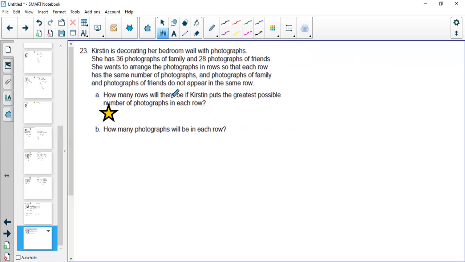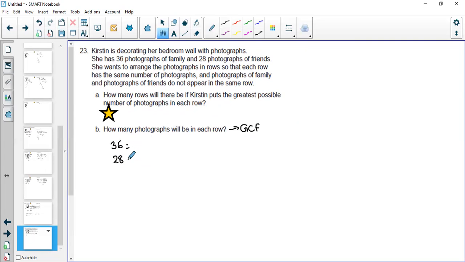So for this question, you need to just work backward. You need to start from B, because how many photographs will be in each row means you need to find the GCF here. Once you find the GCF, then you can find out how many rows will be there. So kind of working backwards, right? Let's find the GCF of 36 and 28.